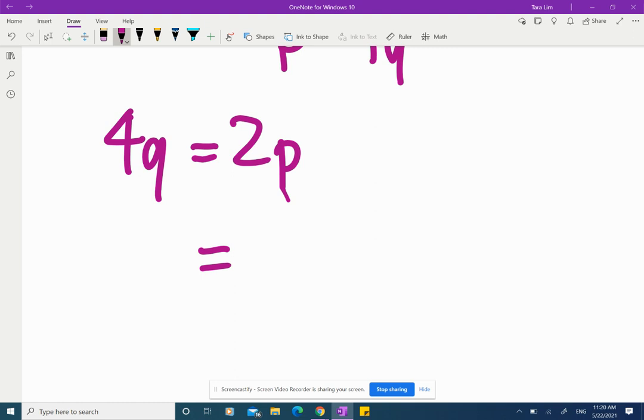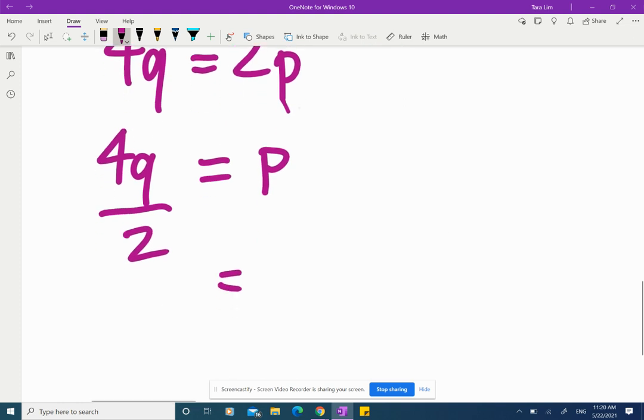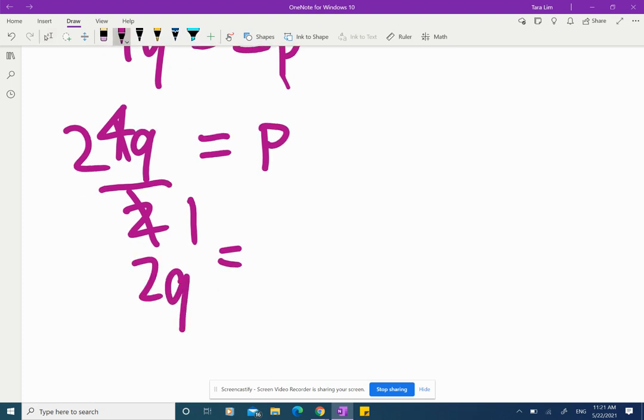First of all, we can leave the p here so that it's 4q over 2. Next we want to move the q to the other side. How do we move that? First of all, we can simplify this. So now it's only 2q is equal to p.